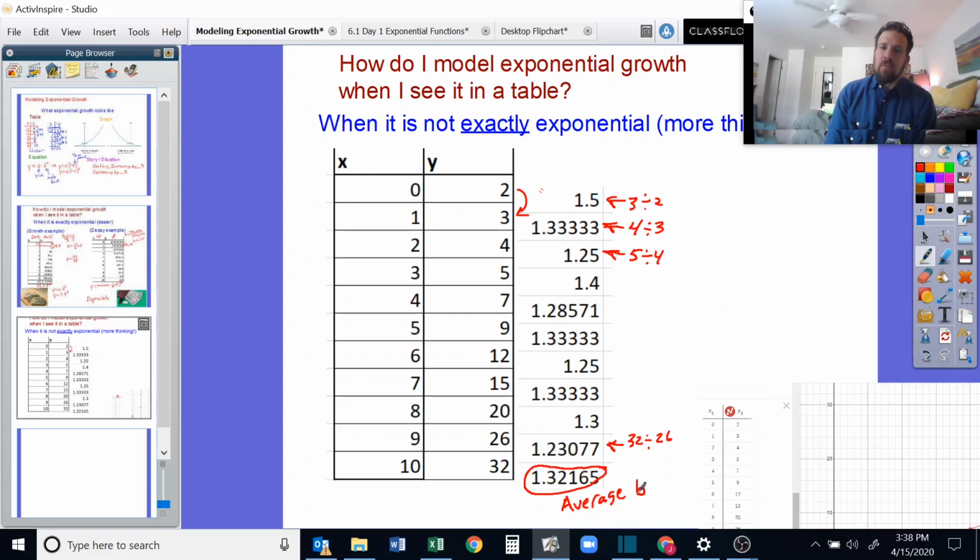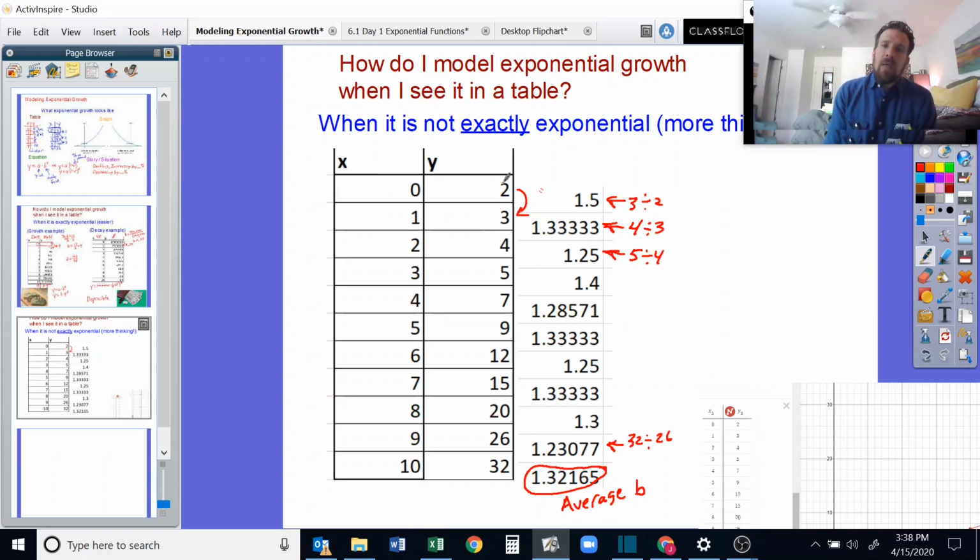So an average B that's somewhere around 1.3. Now, I happen to know that it's around 1.3 because I created this data on purpose. And the key here, what I want you to notice, is that the process really is the same. We just have to think about what is our model and what is our actual data.